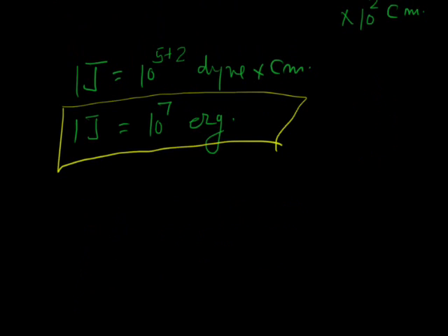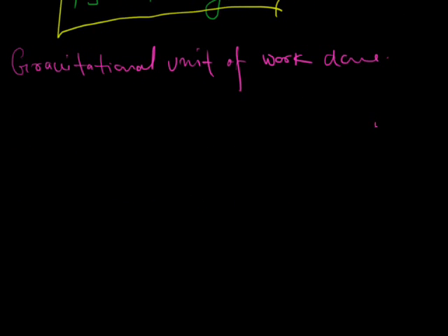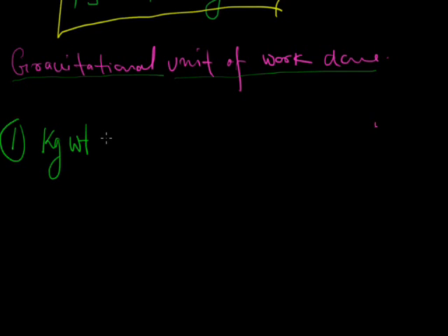The other units of work done are the gravitational units. First is kg weight into meter. We know that 1 kg weight is 9.8 Newton into meter. That will be equal to 9.8 Newton into meter, which is joule.